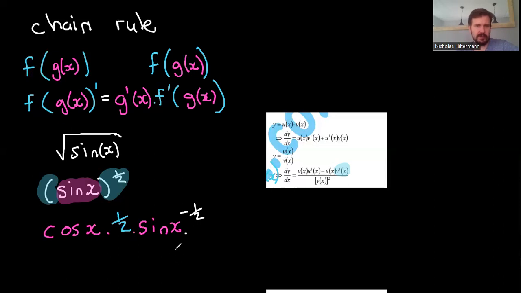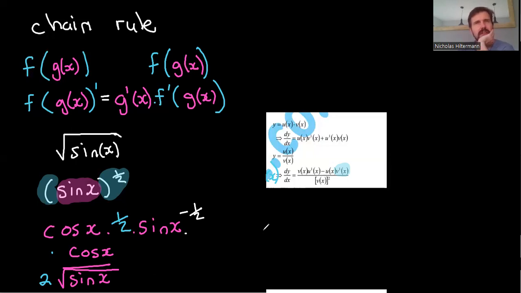And so we would end up getting cos x over the square root of sine x. When it goes to the bottom, it becomes to the positive a half. So I could tidy it up and say that would be cos x over 2 sine x.